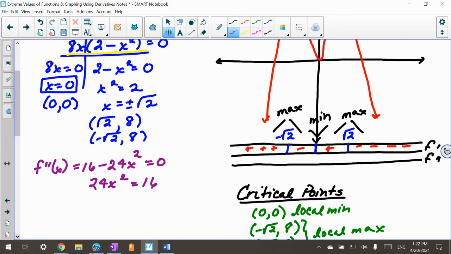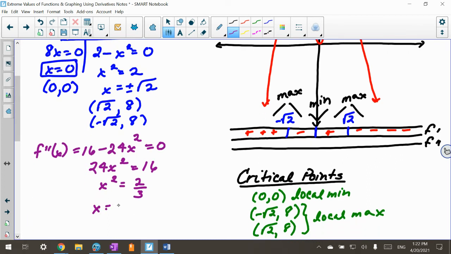Divide both sides by 24 and reduce it down. X squared equals 2/3. So x, take the square root, is going to be plus or minus the square root of 2/3. Okay, so these are our inflection points. And the radical 2/3 is going to be right in here. So here's negative radical 2/3 and positive radical 2/3 right here.